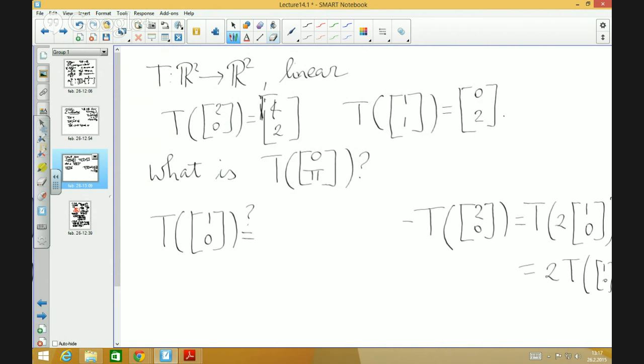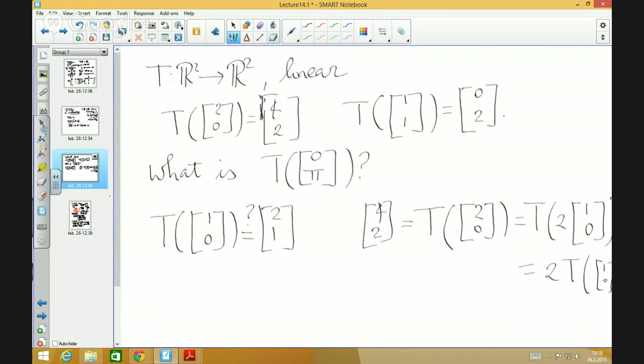T of (2,0) you know is (4,2), and that's 2 times T of (1,0). So what is T of (1,0)? It's (2,1). You just take 4 and divide by 2, you take 2 and divide by 2, and you get (2,1). So elementary, Dr. Watson. If T of (2,0) is (4,2), then T of (1,0) is (2,1), because T is linear.